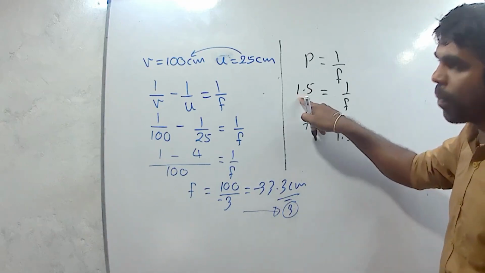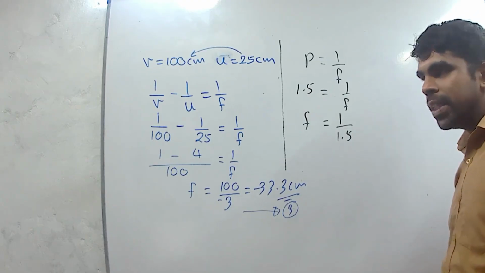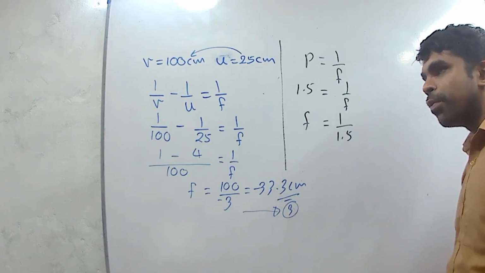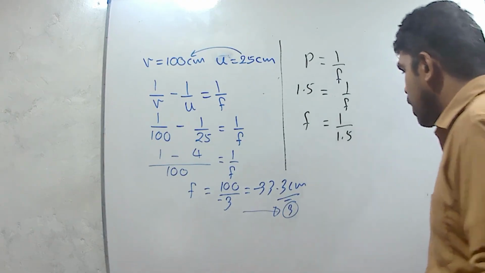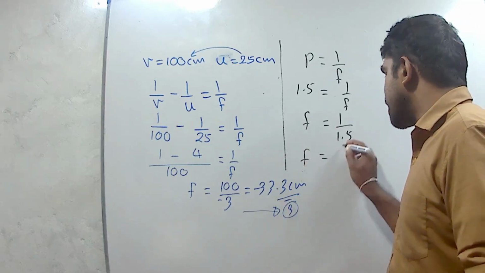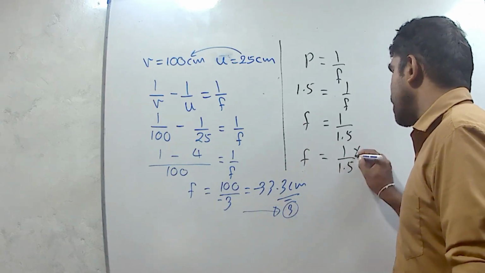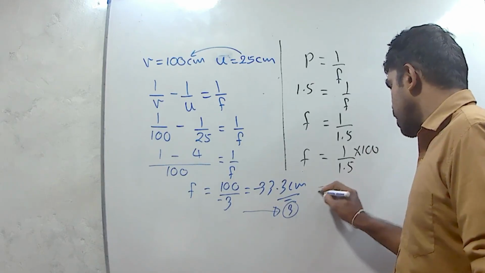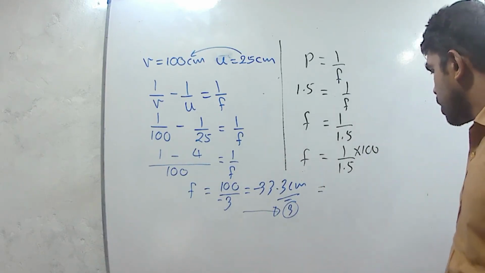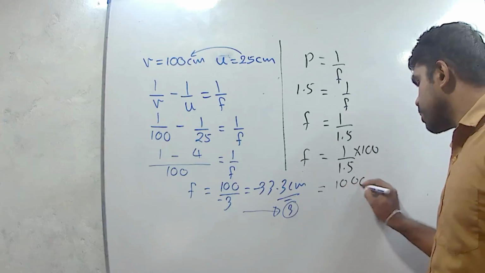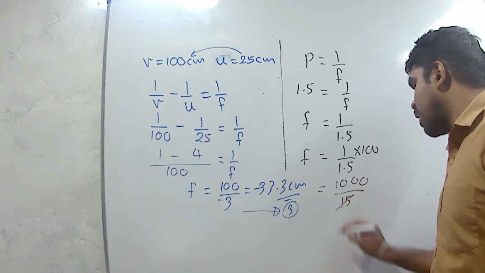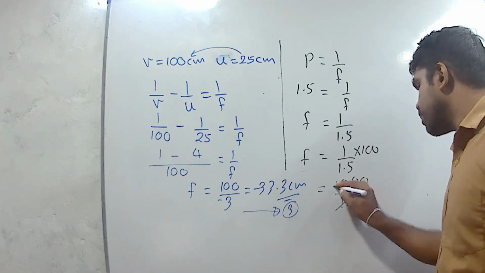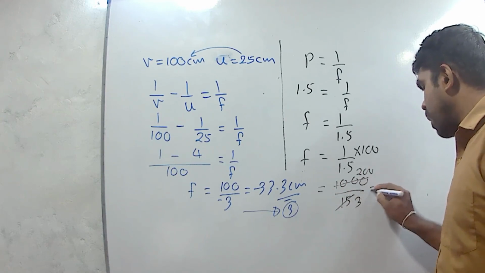We are using diopters for power, then using focal length in meters. Then I will convert it to centimeters. 1 over 1.5 multiplied by 100. 1000 divided by 15. We can cancel out 15 divided by 5, 3. 200 divided by 3.